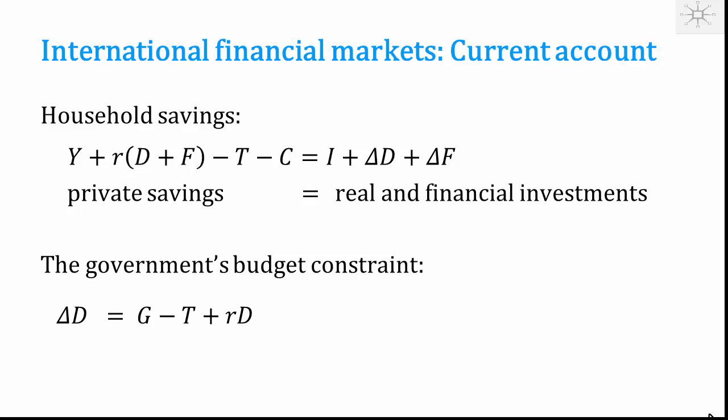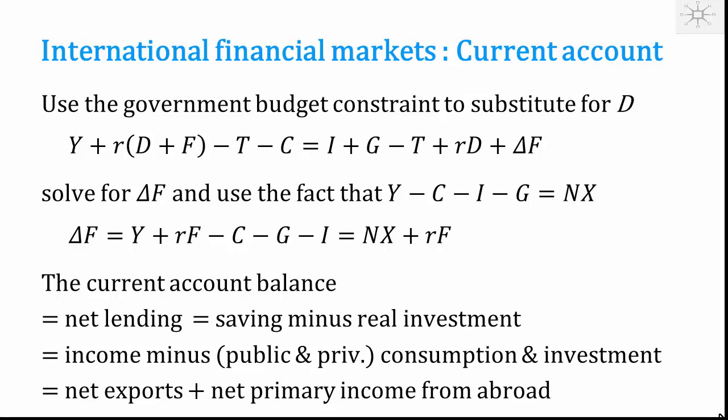And then we have the government, and the government budget constraint says the increase in debt is the primary deficit plus the interest payments of the government on its debt. So if we combine these two equations, we can understand what determines net lending of the country, the current account.